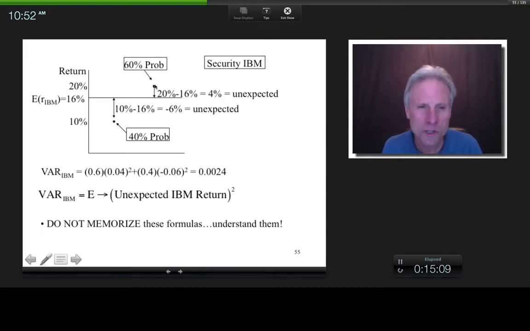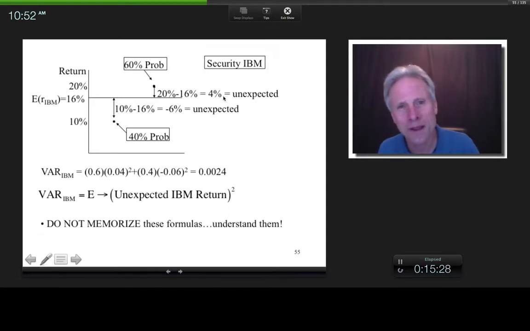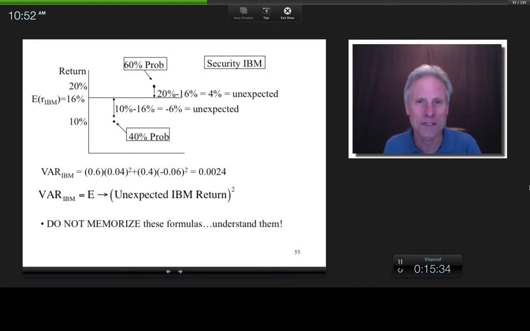So we'll change the unexpected to a function of the unexpected, and therefore still a reflection of risk. We'll square it so we don't have a sign problem. So now the new event is the square of this 4% and the square of the minus 6%, but they still have these probabilities associated with them. That's what we apply the expectations operator to. So that should be something that you understand and not memorize.